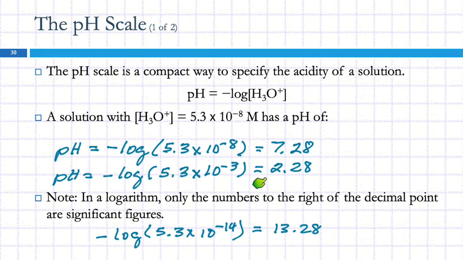These digits to the left of the decimal point just come from this 10 to the power. These are not significant figures, they're place-holding zeros, right? The .28 part is coming from the sig figs, 5.3. Any questions?